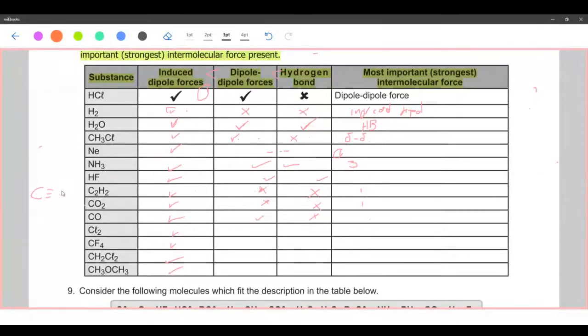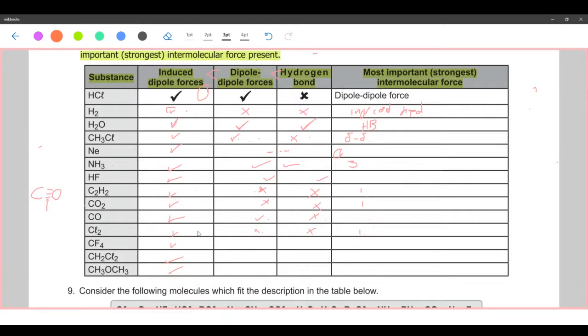Just a reminder that with CO, you have a triple bond. That third bond comes from the oxygen. It's that dative covalent bond. All right, then Cl2. I said no, no, and then induced dipole. Correct. So there's no dipoles, there's no hydrogen bonding.